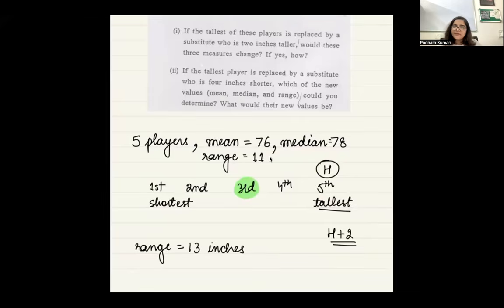Will the median change or will it remain the same? It will be the same, because the ascending order in which you have put them will remain the same. So the median in this case will again be the third person. The median is exactly the same. Median will be 78, right?